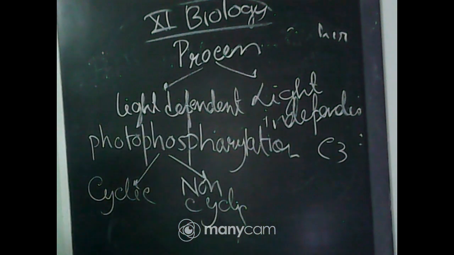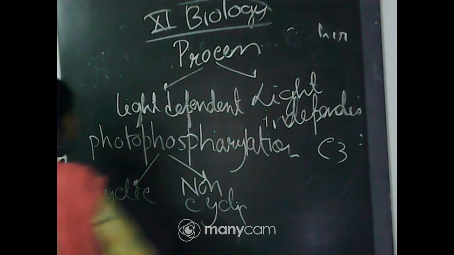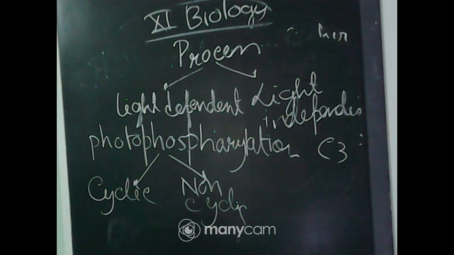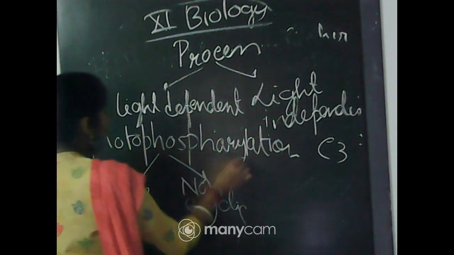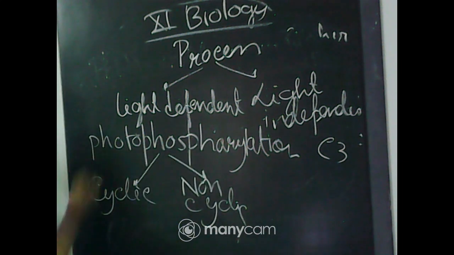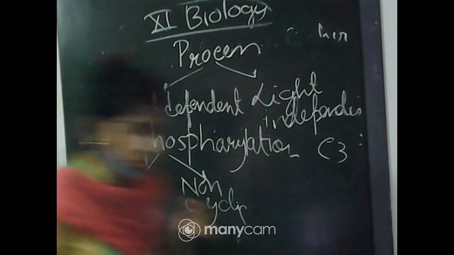So first today I will discuss the light dependent phase or light reaction, and I will discuss photophosphorylation, cyclic and non-cyclic. Photo means light, so in the presence of light phosphorylation will take place, and I will show you how.